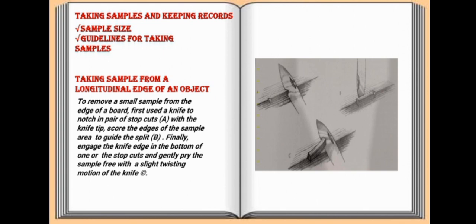With the knife tip, score the edges of the sample area to guide the split, B. And finally, engage the knife edge in the bottom of one of the stop cuts, and gently pry the sample free with a slight twisting motion of the knife, just like in letter C below.